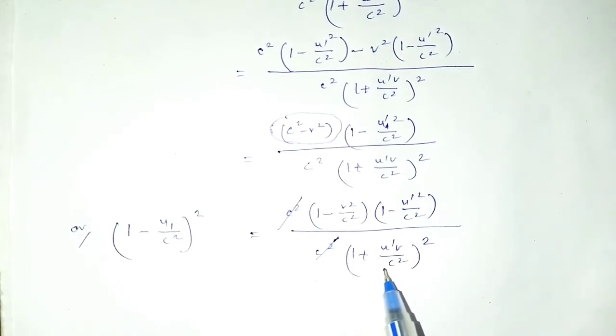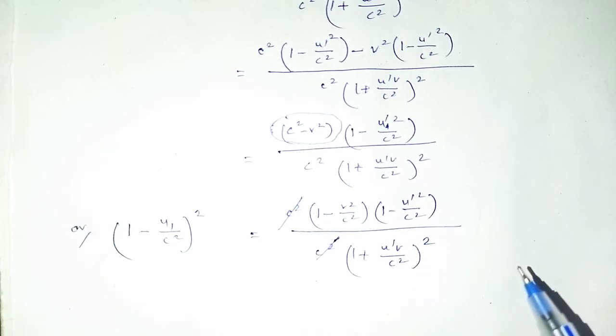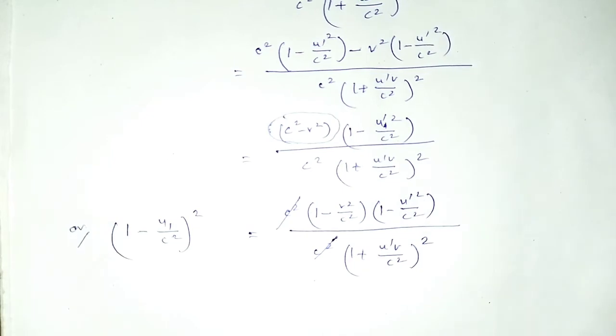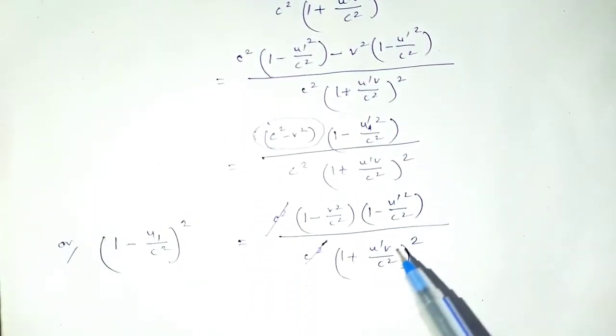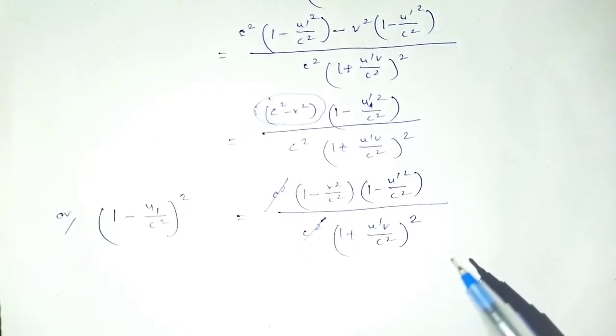Taking that term, our aim is to find out 1 plus u dash v divided by c square.